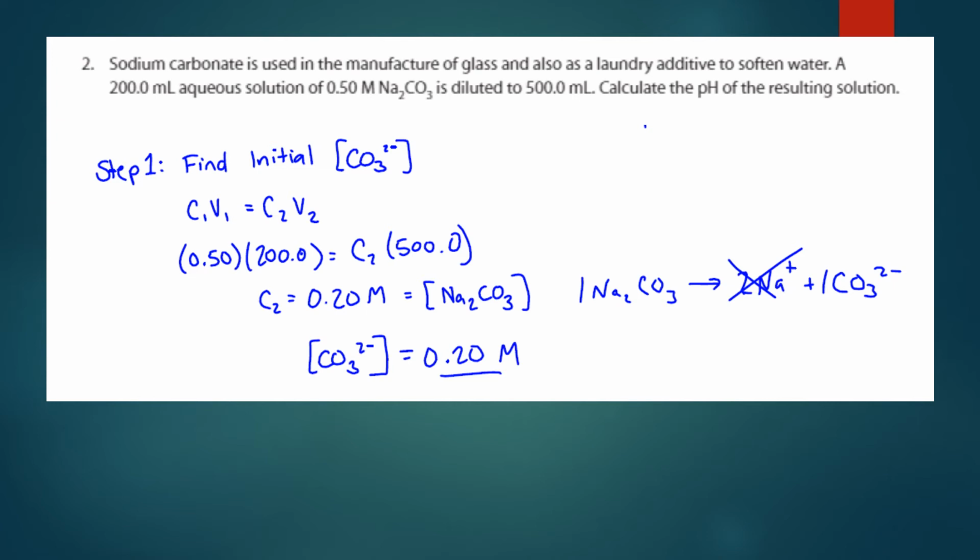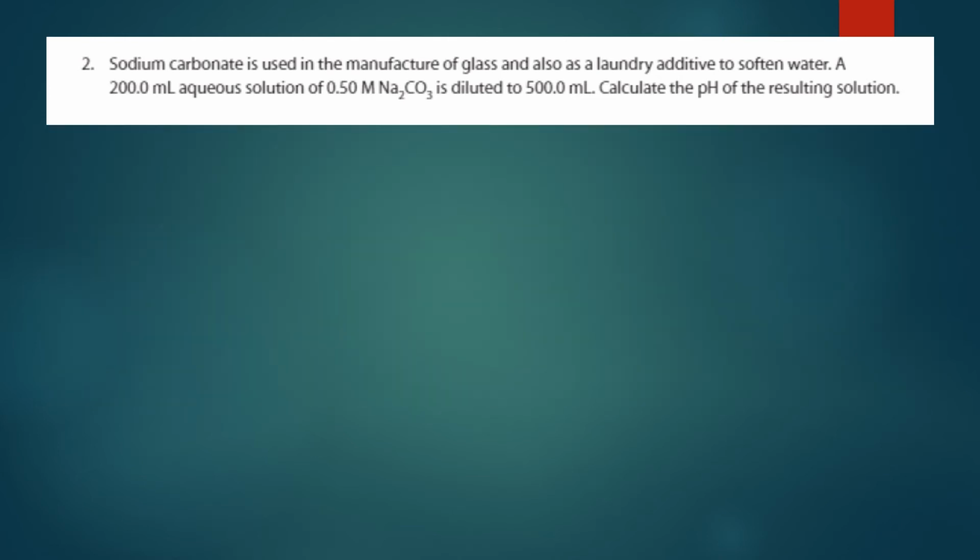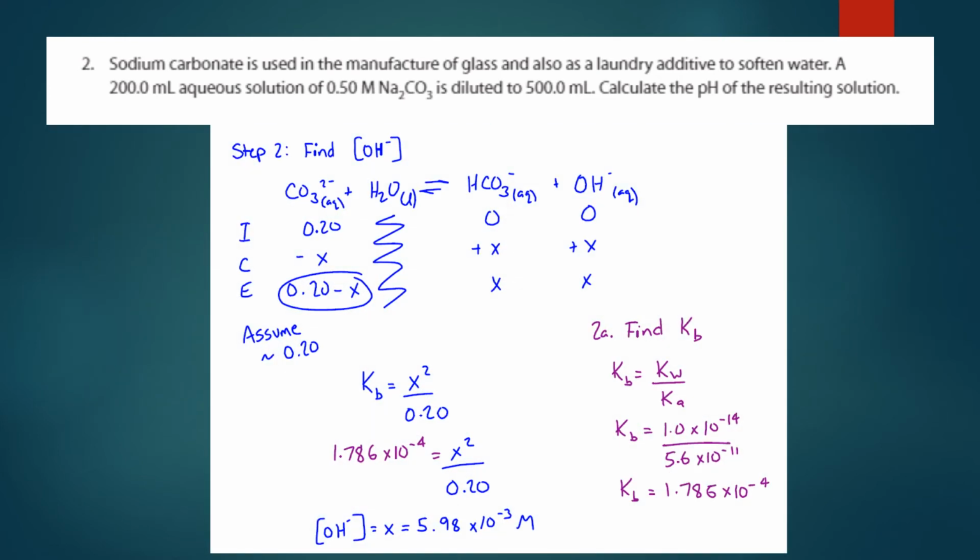I get a final concentration of sodium carbonate at 0.2 moles per liter. And because this is going to split into 2 sodium ions for every 1 carbonate ion, my final concentration of carbonate is 0.2 moles per liter. And I'm crossing out the sodium there because it's a spectator ion. So there's step 1.